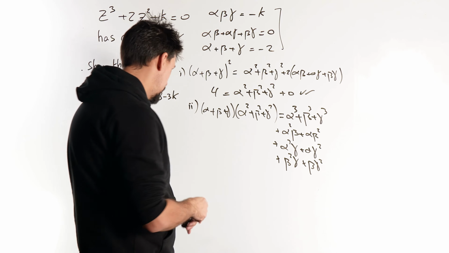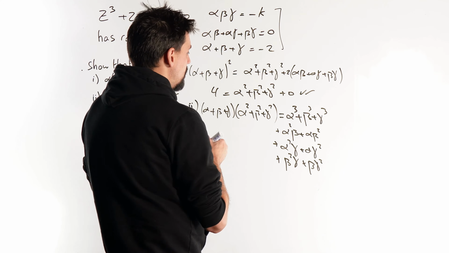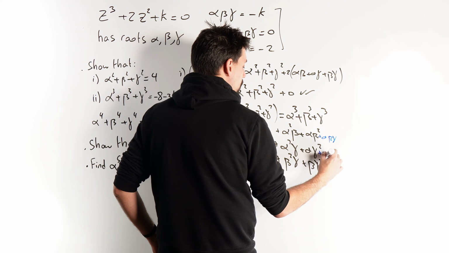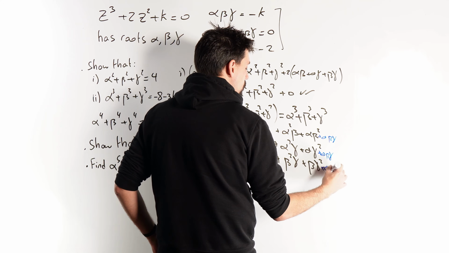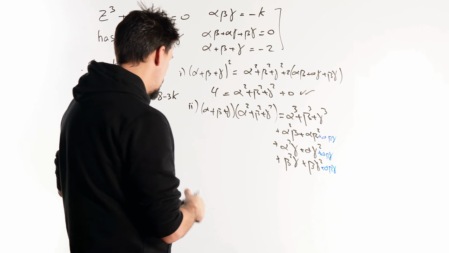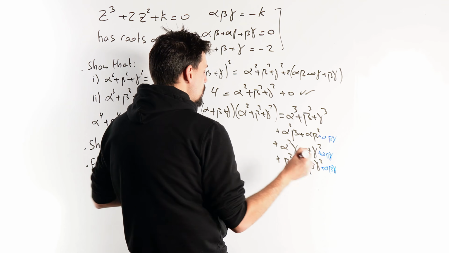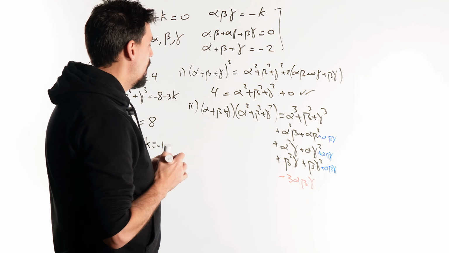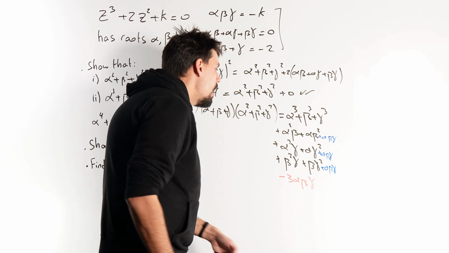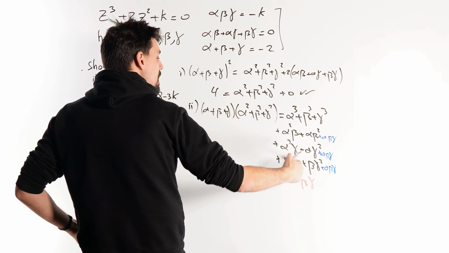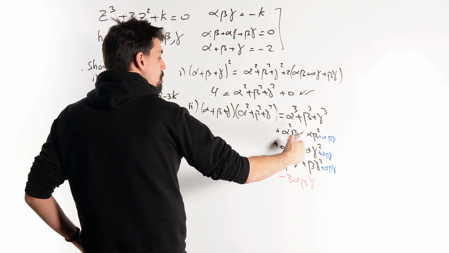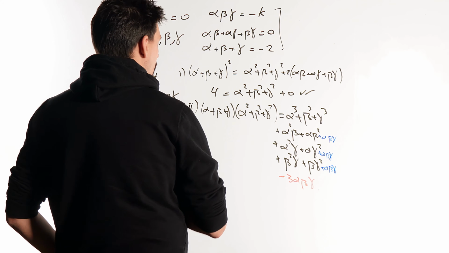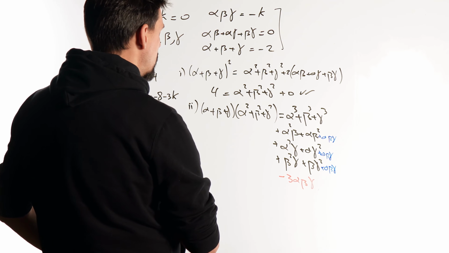Now here's the trick. What I'm going to want to do for each of these is add on an alpha beta gamma to all of them, and then I have to remove 3 alpha beta gamma, because then the blue and the red stuff cancels out. Why is that? Well, these terms here, all of them, you could factorize out. From this one, we're going to factorize out alpha beta.